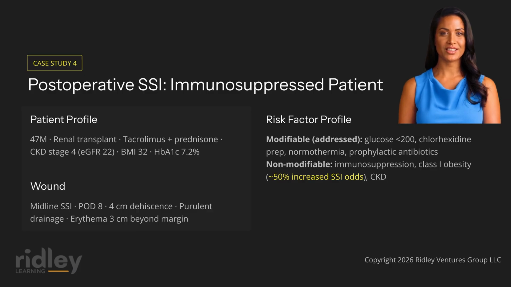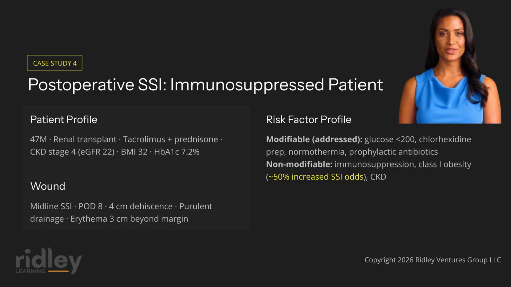Retrospective analysis identifies modifiable risk factors that were addressed perioperatively. Perioperative glycemic control maintained blood glucose below 200 mg per deciliter, chlorhexidine alcohol skin preparation was used, normothermia was maintained intraoperatively, and appropriate antibiotic prophylaxis was administered per WHO guidelines.